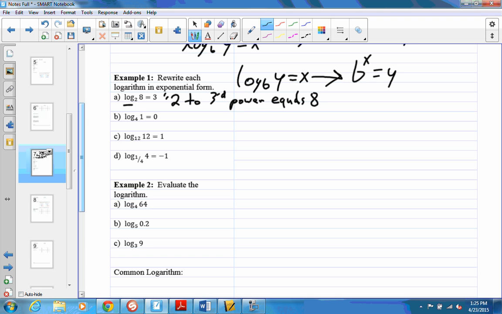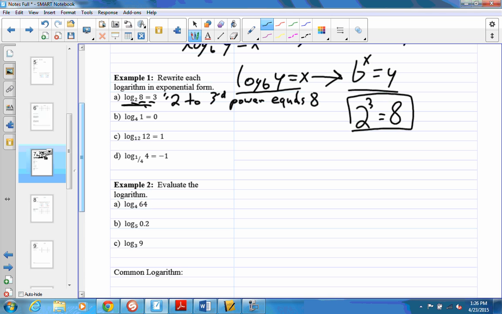So writing this, my base b is 2, my y is 8, and my x is 3. So if I'm going to change this to this, my base is 2. What am I raised to? 3, because that's my x. So that's everything on that side, and that equals 8. That would be your answer there in exponential form.